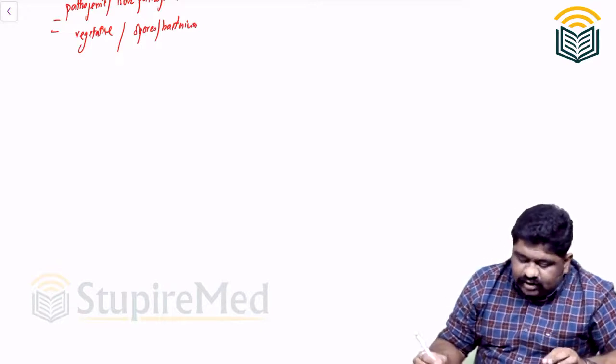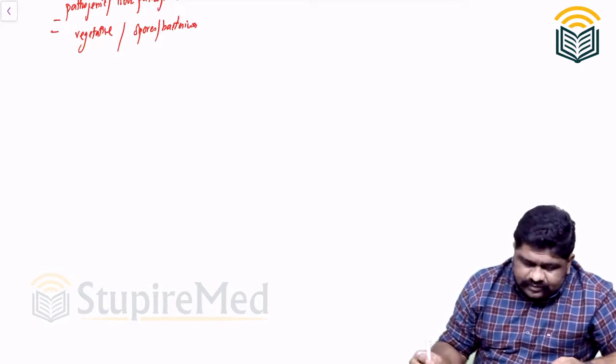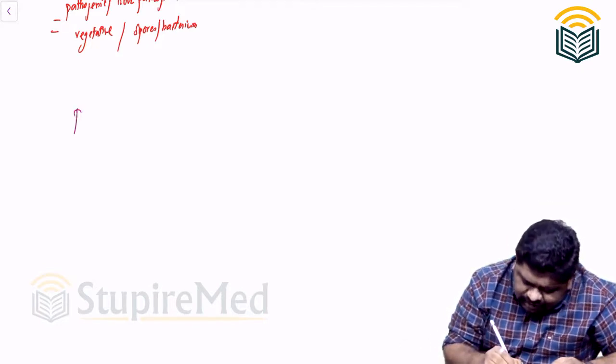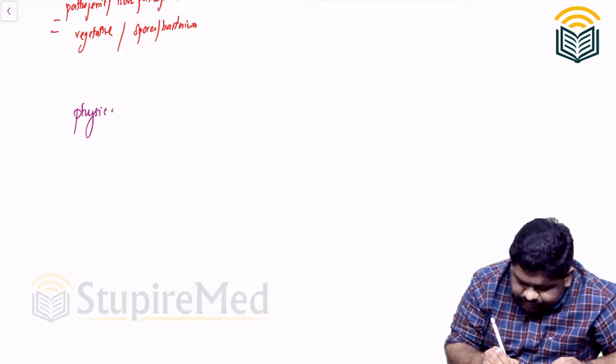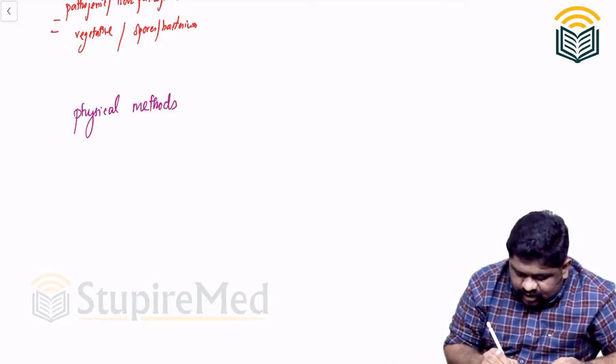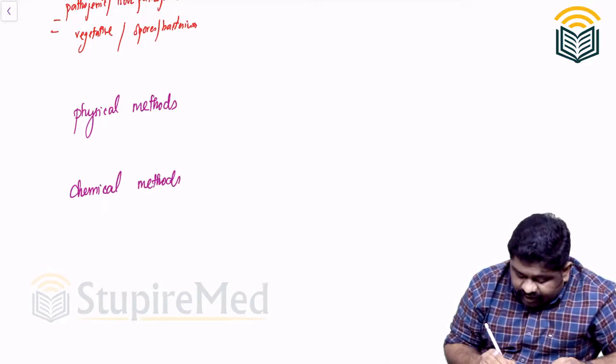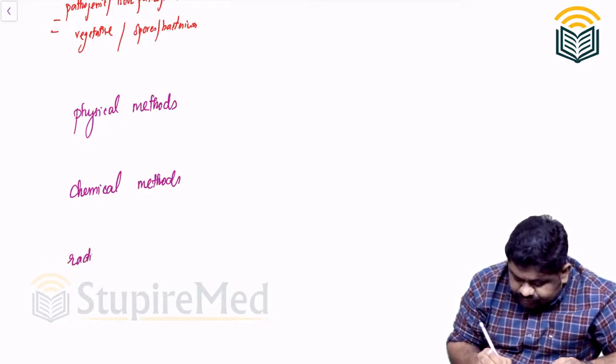So let us look at the possible ways by which we can achieve either sterilization or disinfection. You can have physical methods on one side. We can have chemical methods. We can also have radioactive methods.